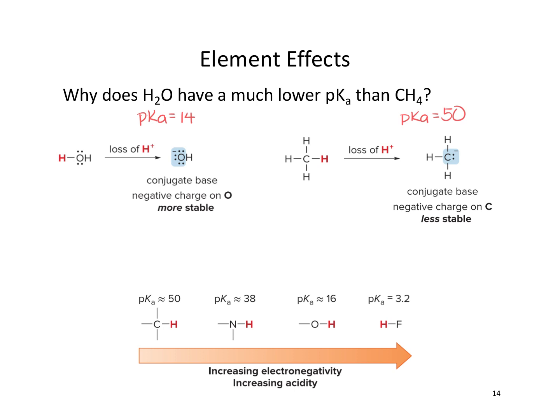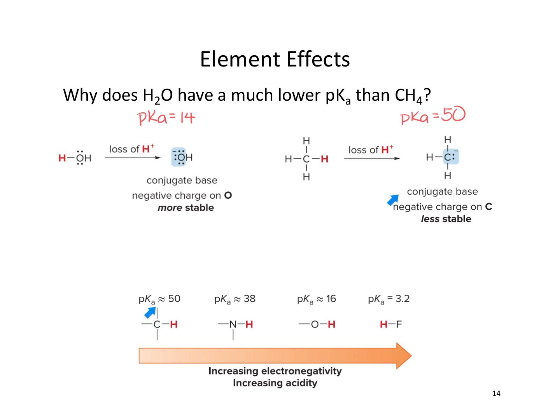Well, when we go through the first step and draw the conjugate base, we just have a loss of a proton for both of these. These are the 2 conjugate bases that we compare. And what we see here is that oxygen is more electronegative than carbon. If you have a more electronegative atom, it more readily accommodates or stabilizes the negative charge, whereas if an atom is more electropositive, it's less likely to stabilize that charge.